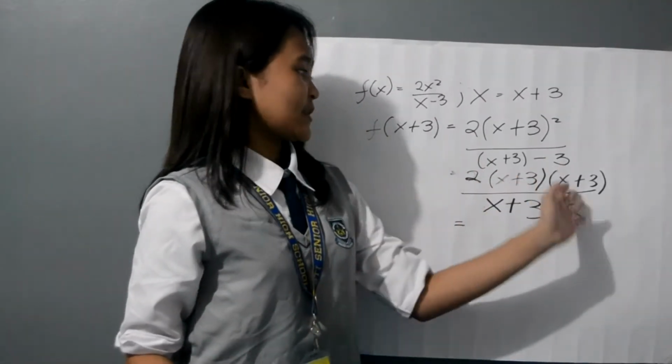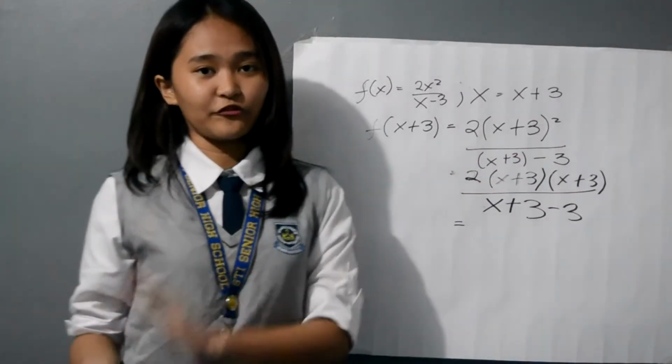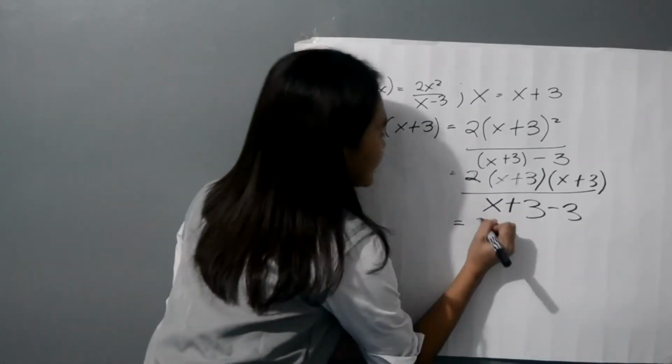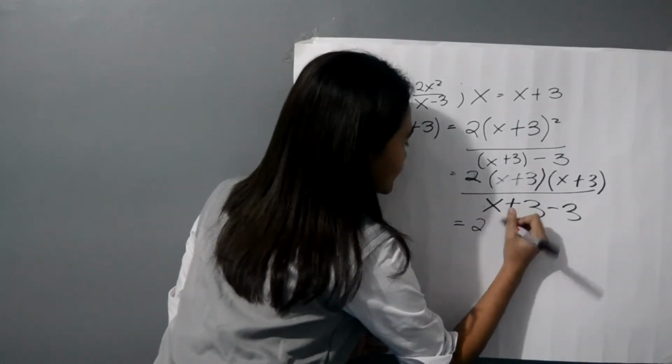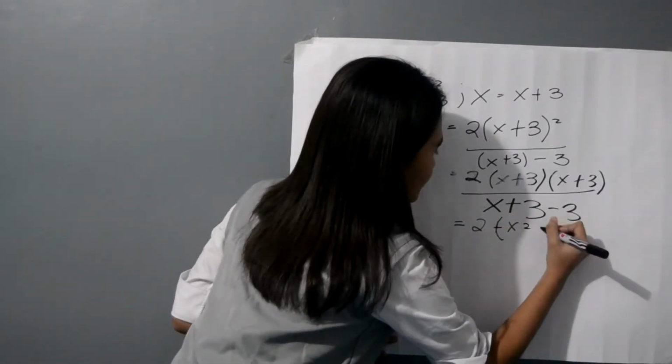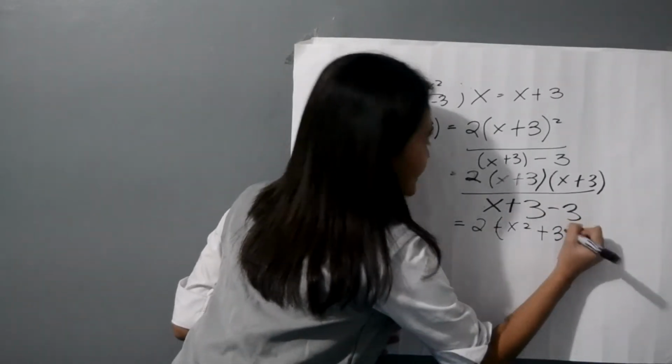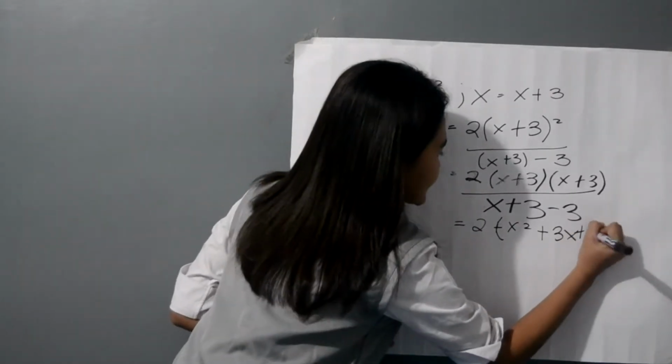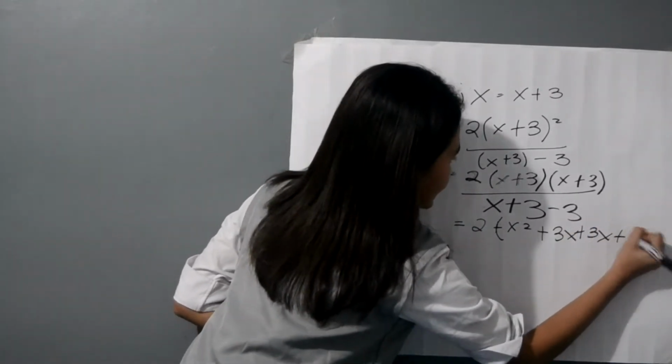Gagamitin lang natin ang FOIL method. So, magiging x squared plus 3x plus 3x plus 9.